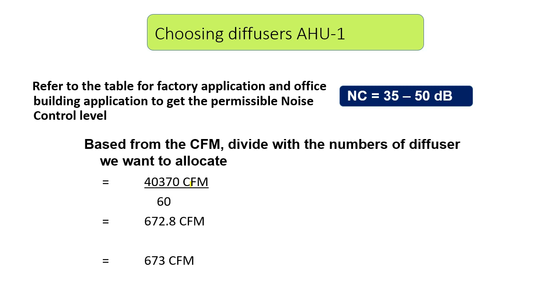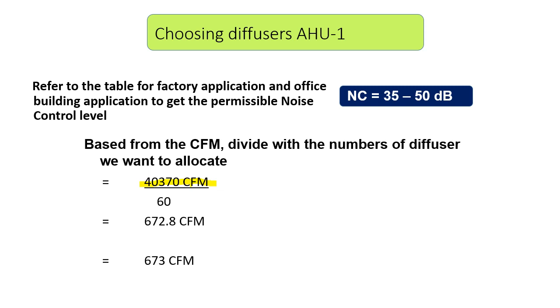And based on the CFM, or the airflow rate in cubic feet per minute, divide by the number of diffusers that we want to allocate, then we will get the airflow rate per diffuser. So just now we have 40,370 CFM.